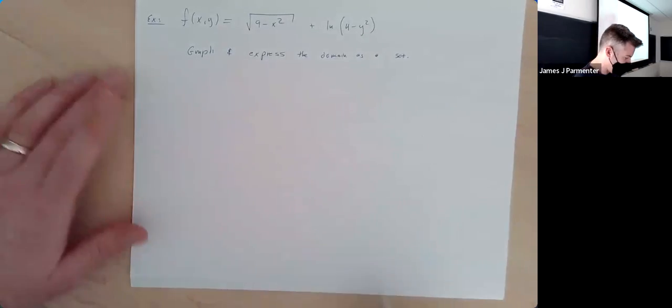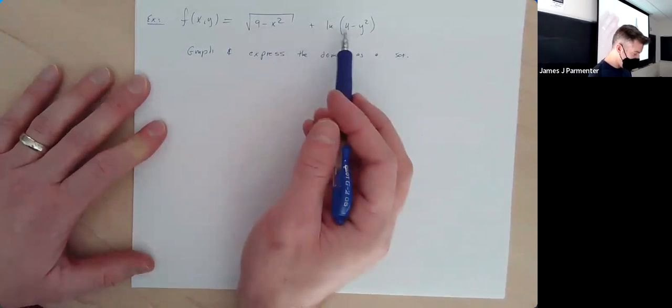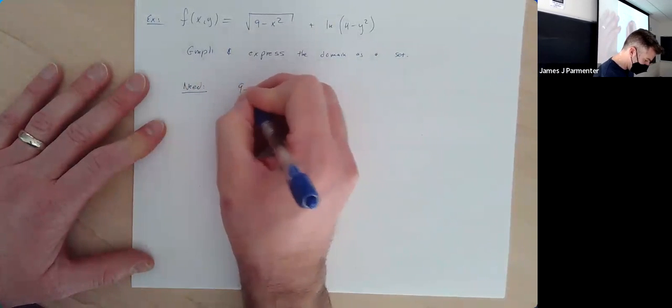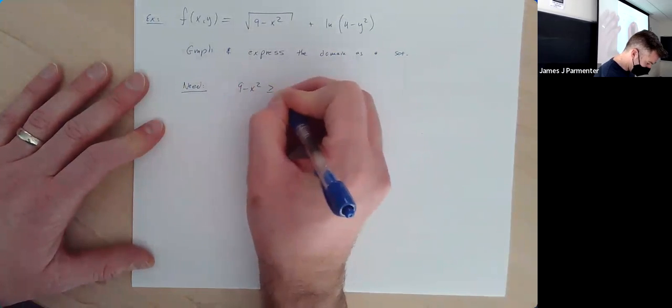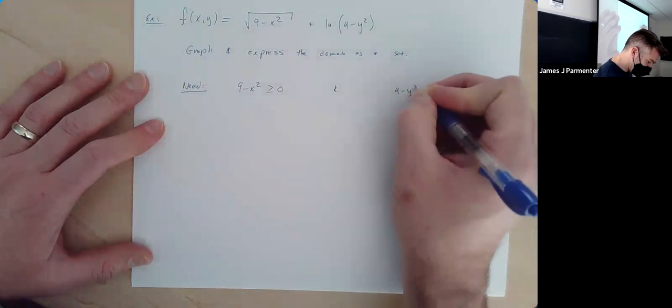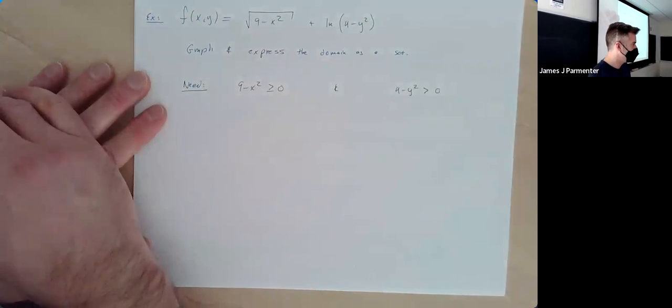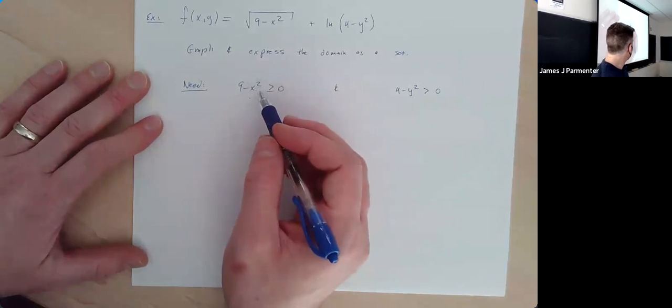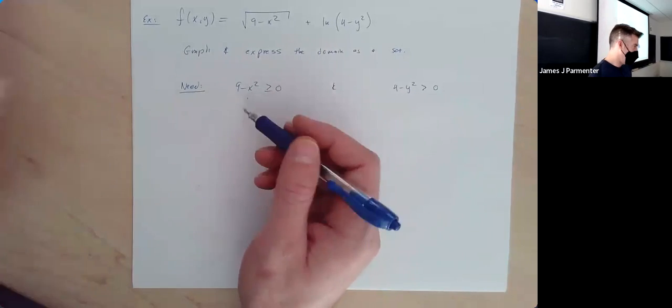Right. So here we've got two conditions we need to meet. We need for both 9 minus x squared to be bigger than or equal to 0, and 4 minus y squared to be strictly bigger than 0. All right, that's not too terrible. So here, you can do this any way you want.